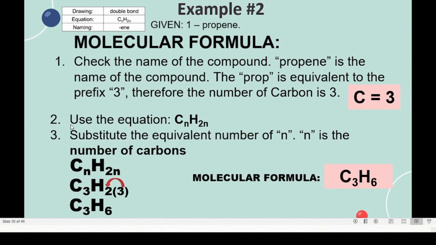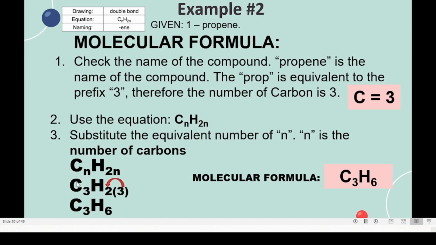After that, the second step is you are going to use the equation. The equation of alkene is CnH2n. And after that, the third step is substitute the equivalent number of N. N is the number of carbons, and the carbon here is 3. So CnH2n, then the N will be substituted with 3 since it is the number of carbons.